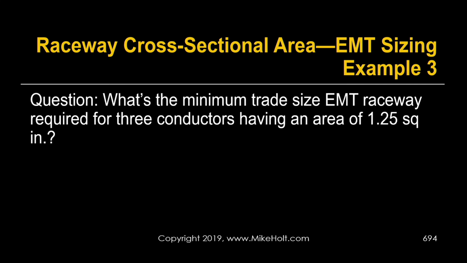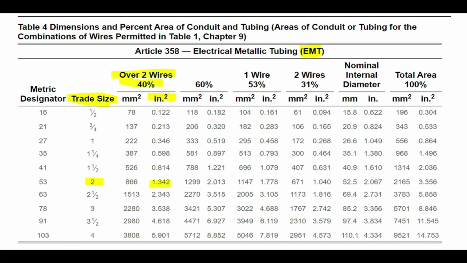And so that is going to be what? A 2-inch? Yeah, so we're going to go down. 0.0184 is not going to cut it. 2.343 is too much, right? The smallest size that we can use for 1.25 is going to be that 2-inch, which will accommodate 1.342.